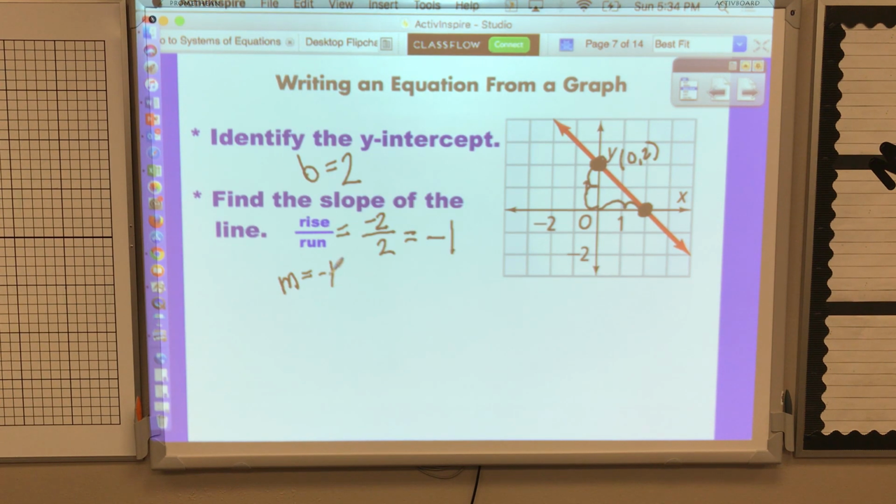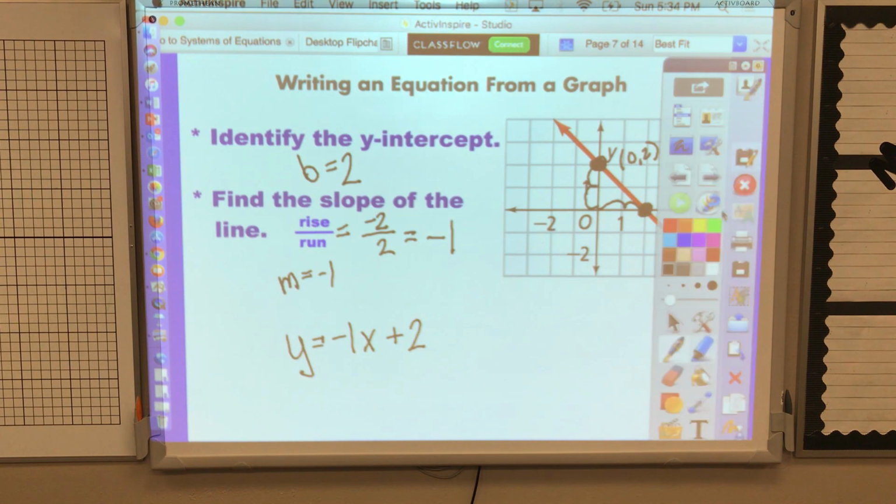And now I have everything those last problems gave me. So I have y equals m, which is negative 1, x plus 2, because b is 2. However, there's still one thing wrong with the equation. Remember, when you write equations, you want them in simplest form.